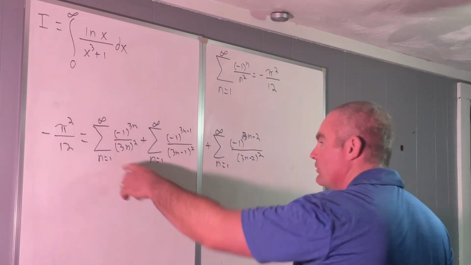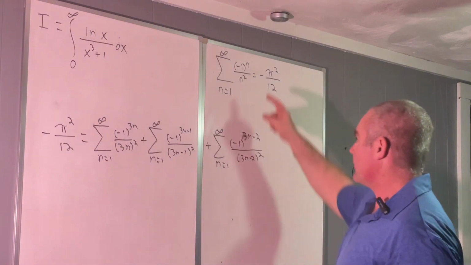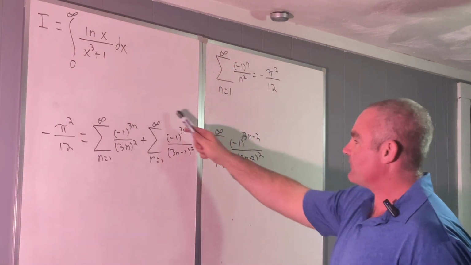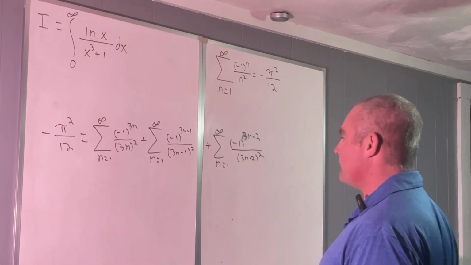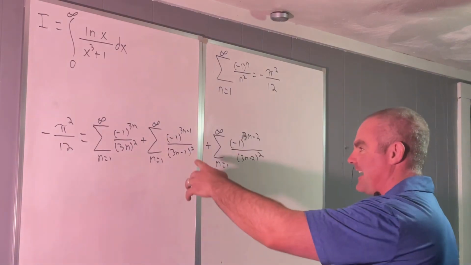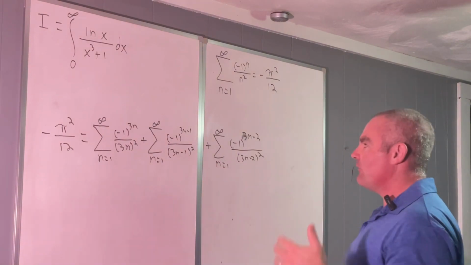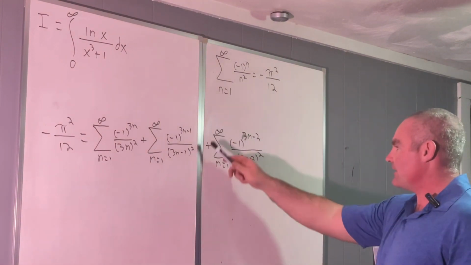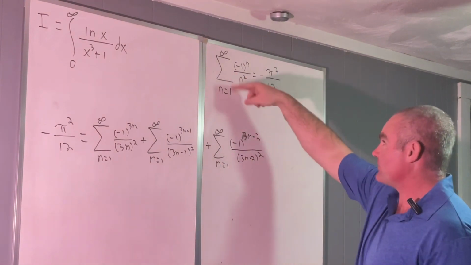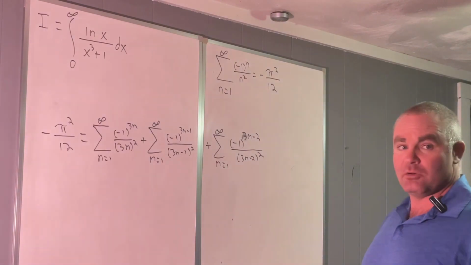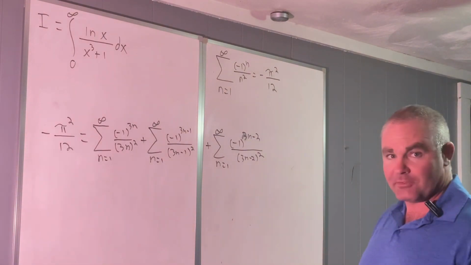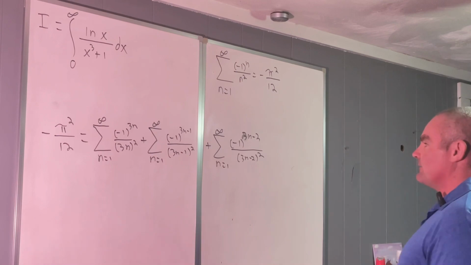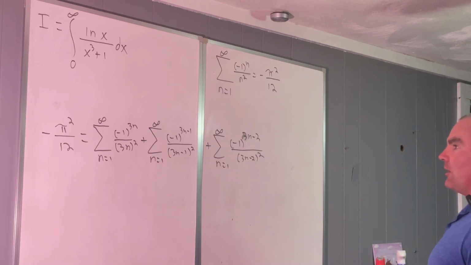If we plugged in 2, we would get the sixth term of this series. Likewise for here, in this sum, if we plugged in 1, we would get the second. If we plugged in 2, we would get the fifth. If we plugged in 3, we would get the eighth. And in this one, if we plug in 1, we get the first term. If we plug in 2, we get the fourth term, seventh term, 10th term, and so on and so on.